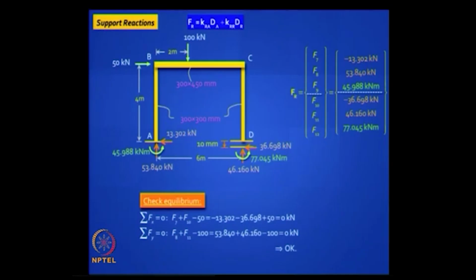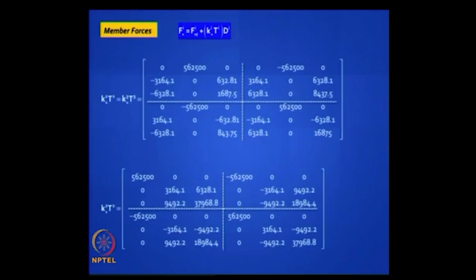Then you say okay, at least my solution satisfies equilibrium, that is for sure. Hopefully it also satisfies compatibility. It will, because the stiffness method begins with compatibility and equilibrium is the final solution, okay.